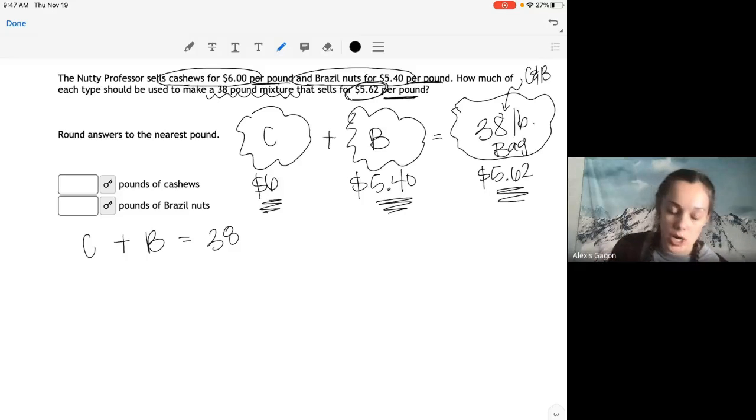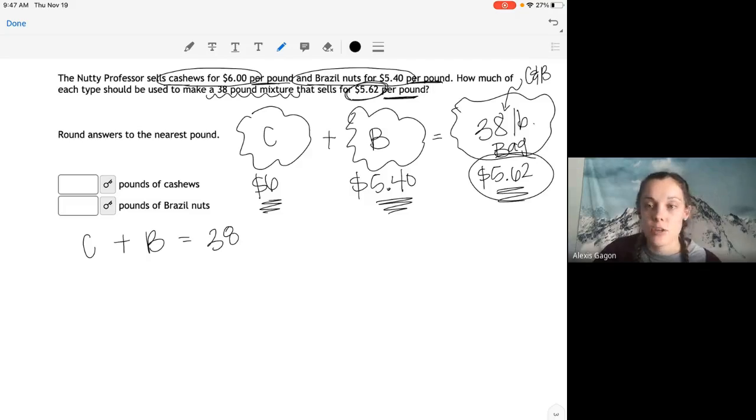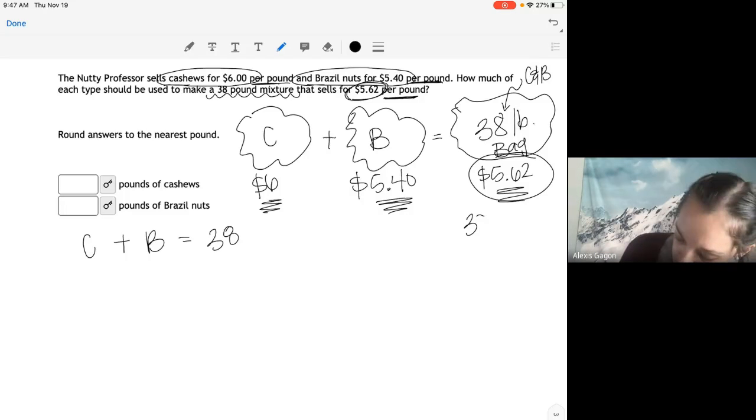For this next part, we want to know how much this 38-pound bag costs. And it does not cost $5.62. That makes no sense, that's per pound. So if we know that there's 38 pounds there, we can take the 38 and multiply it by the 5.62.